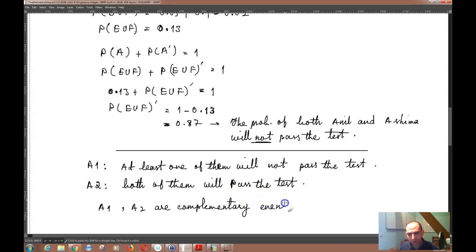Now let's see what complementary events are, because I need to go back to the definition of complementary events.